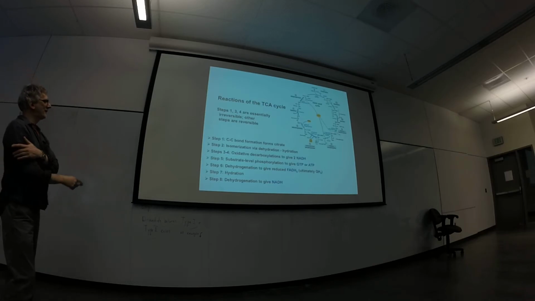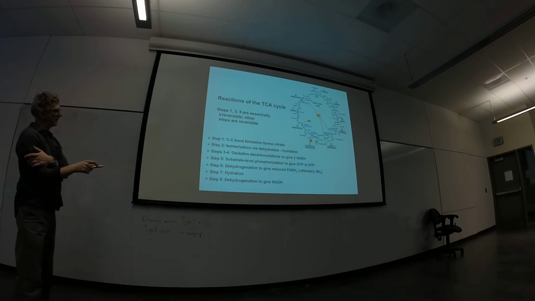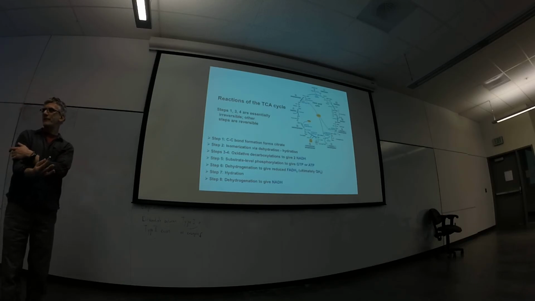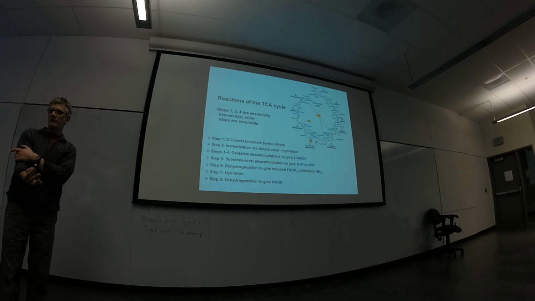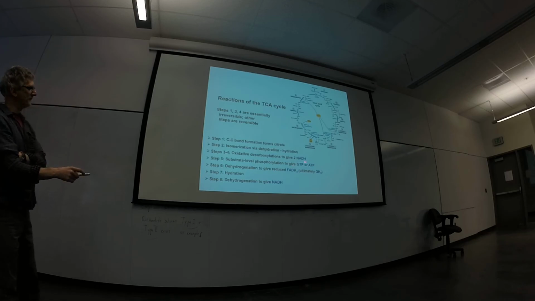Okay. We have then two oxidative decarboxylation reactions. Decarboxylation meaning you split off CO2. That's what decarboxylation means. Oxidative meaning that as CO2 is split off, the remaining substrate part is also oxidized. Then we have the substrate level phosphorylation to give GTP or ATP.